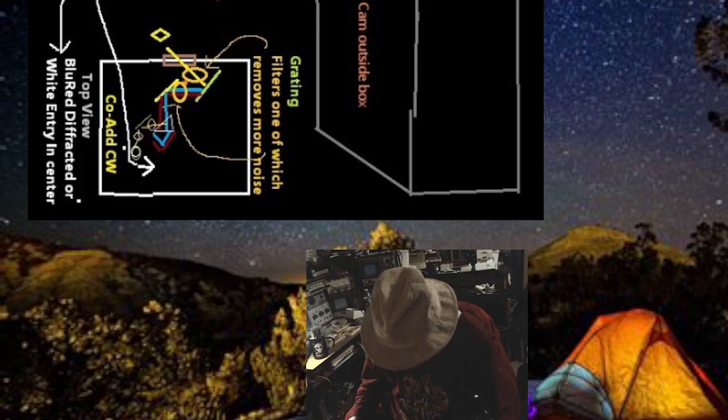So the beam splitter is here. This light's going to go up here. This is 7.5 inches. This is 7.5. It's not drawn proportionally. I don't care about that.